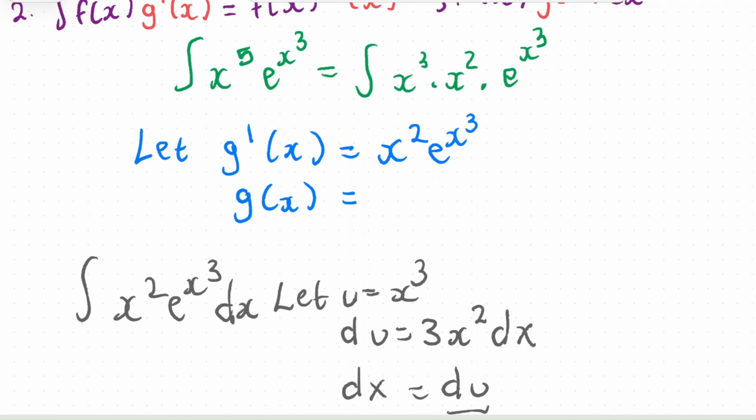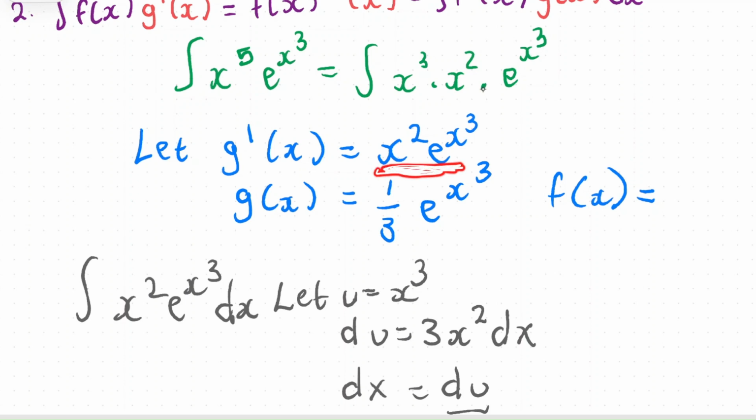Cool. So now we've found g of x, which is 1 over 3 times e to the power of x cubed. So let's find out f of x. Since we've chosen the derivative of g of x to be x squared times e to the power of x cubed, the only one remaining would be x cubed. So that would be our f of x.